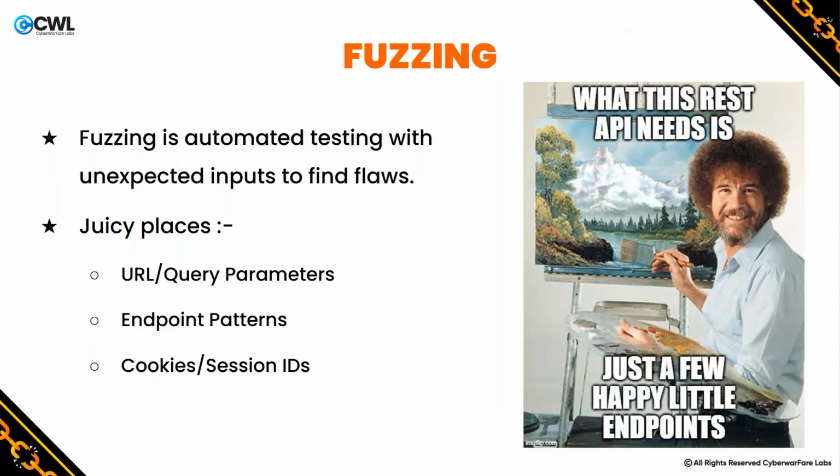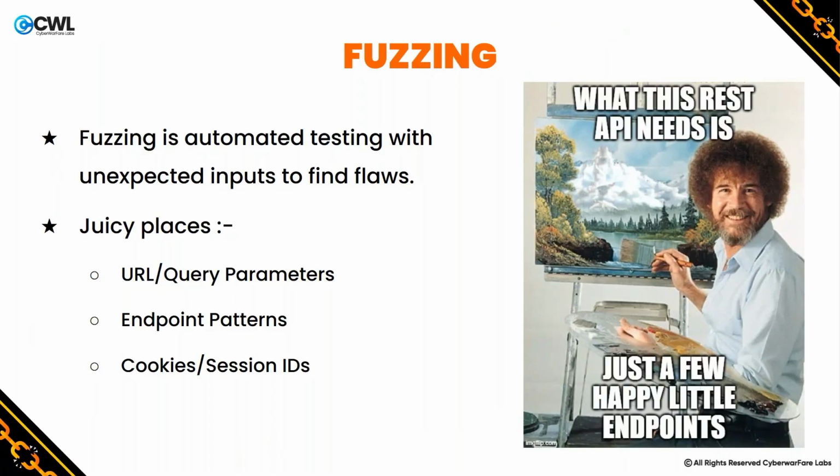Now, coming to API fuzzing, these are some of the ways we can fuzz. Some of the places we can look are the query parameters. Like I said, if we have username and password, we can add, let's say, admin, or maybe add some amount, or maybe add some other parameters. If it is the OAuth route, we can try removing the state, or try changing the scopes and all of these things. Then the endpoint pattern.